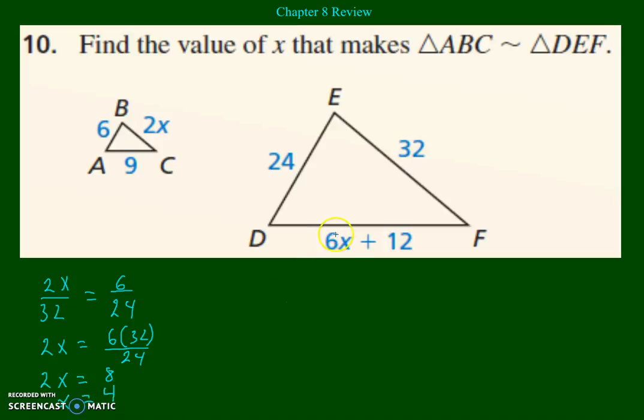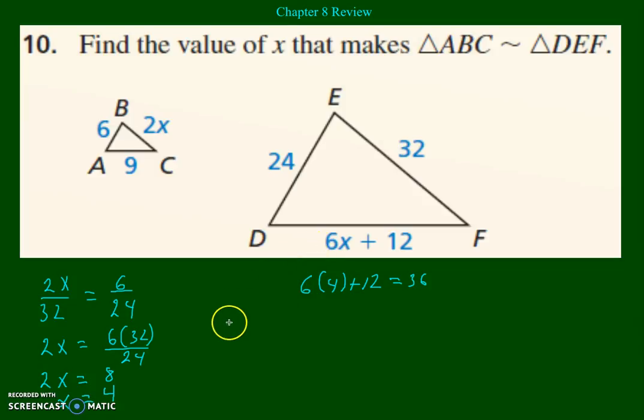Now to check, let's put that in here. 6 times 4 plus 12 is 36, and 2 plus 4 is 8. So this is BC.